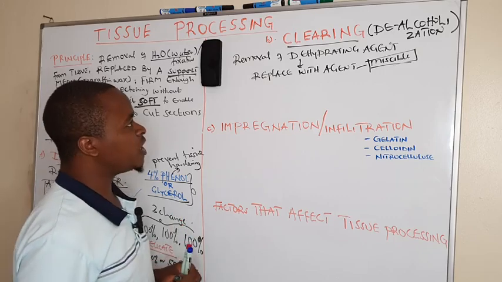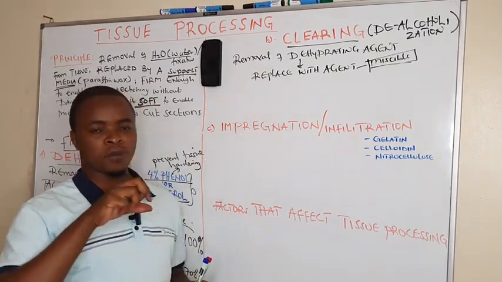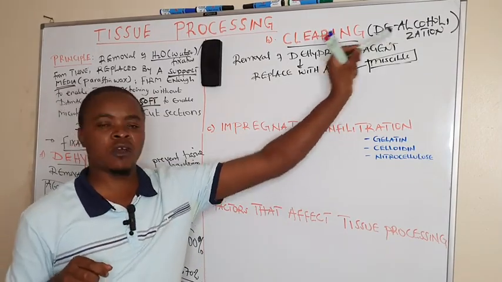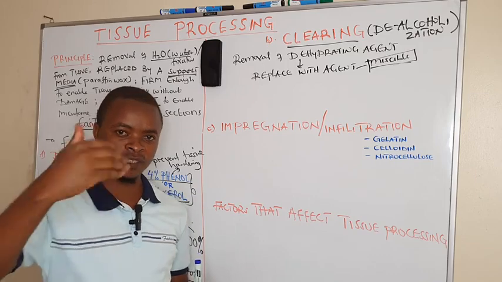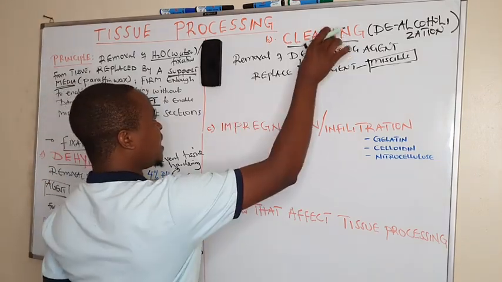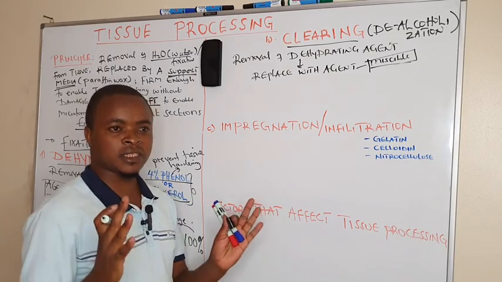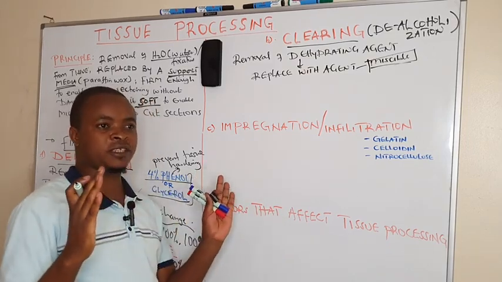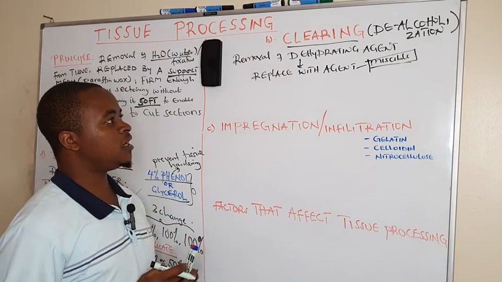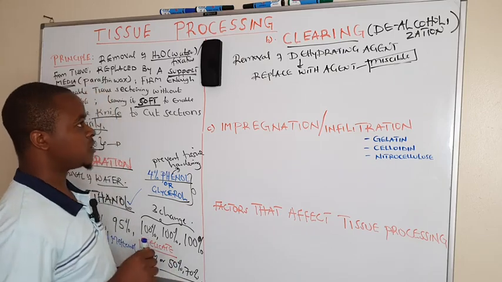So after adding this clearing agent, it removes the alcohol. That's why we are calling it de-alcoholization. It removes the dehydrating agent, and we are replacing it with this clearing agent, which is an intermediary. It communicates between the dehydrating agent and the impregnating agent, which is paraffin wax, most commonly used.